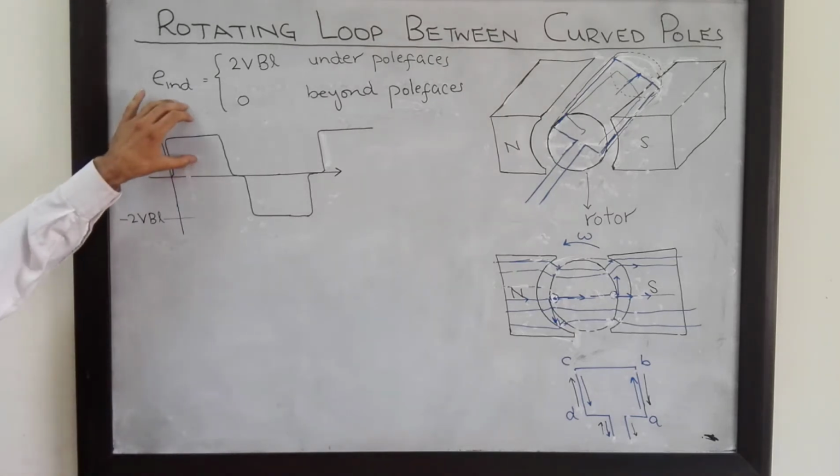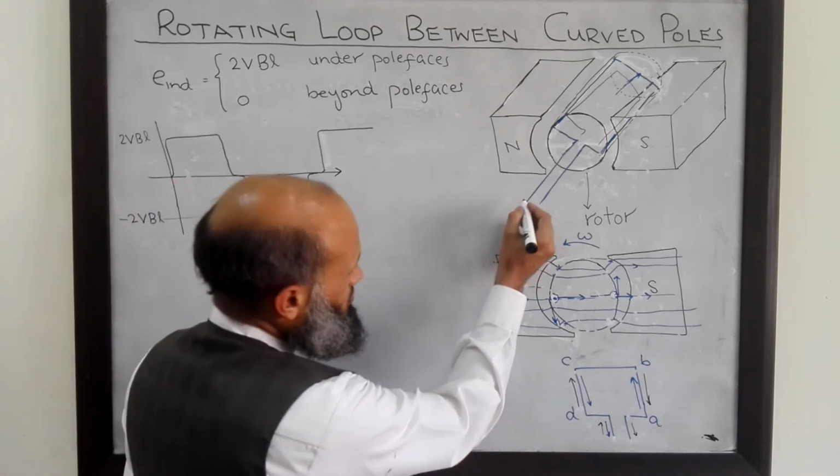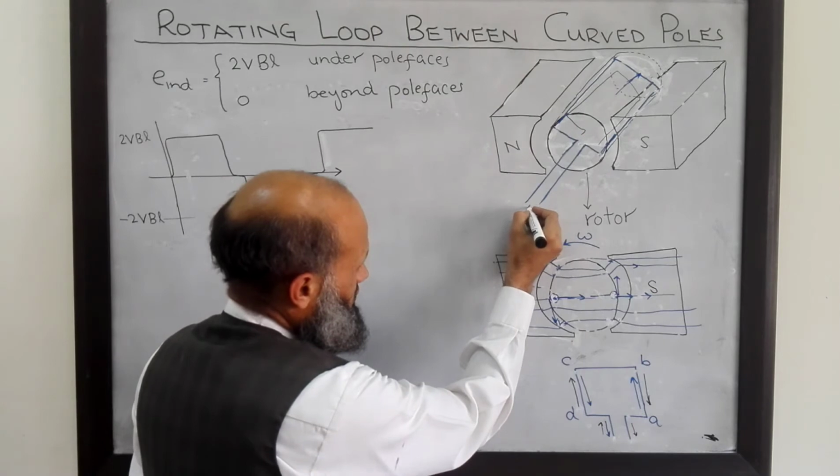To convert this bidirectional voltage signal into a unidirectional voltage signal, we use an arrangement of slip rings, also called split rings. What we do is, we have this situation.